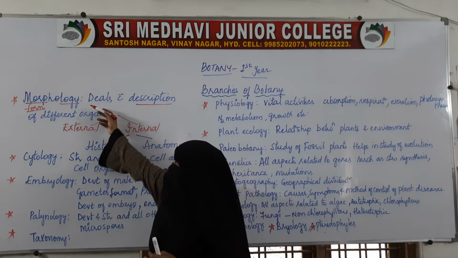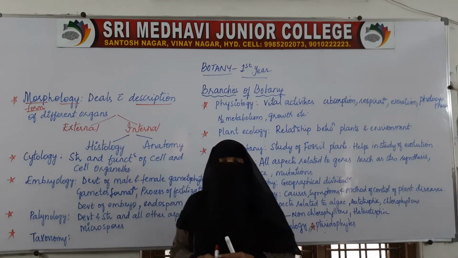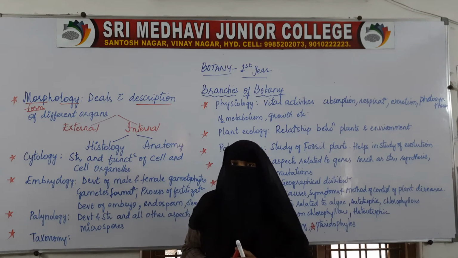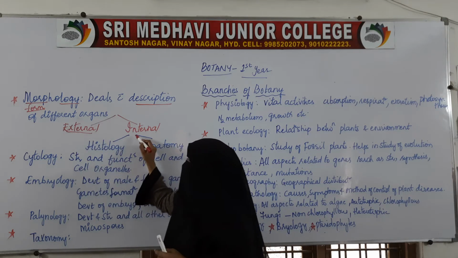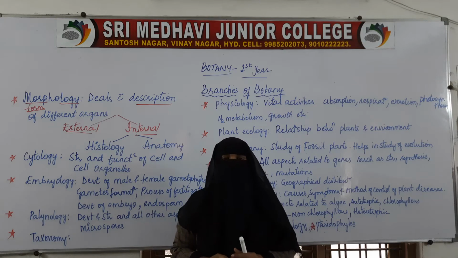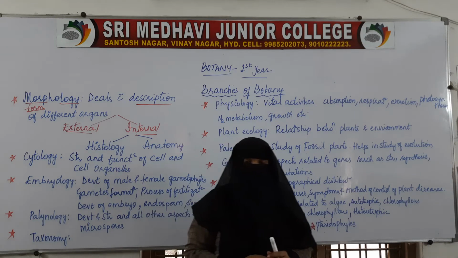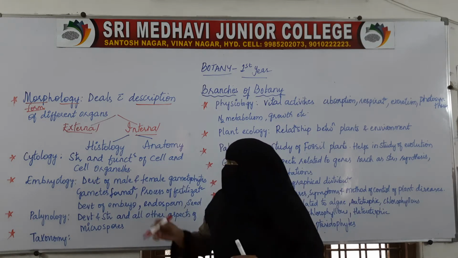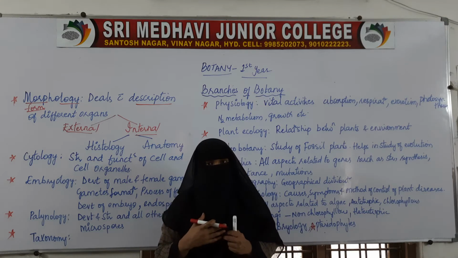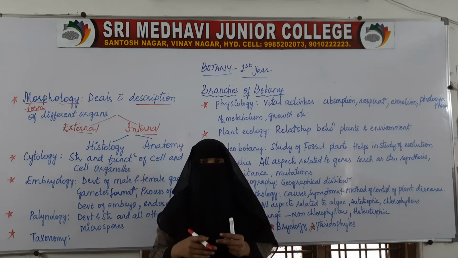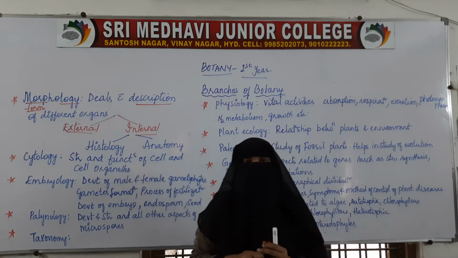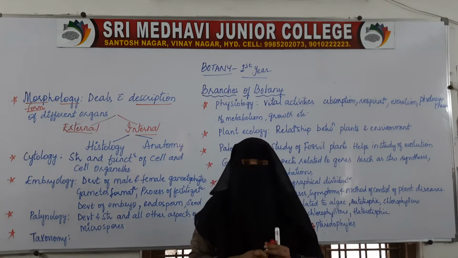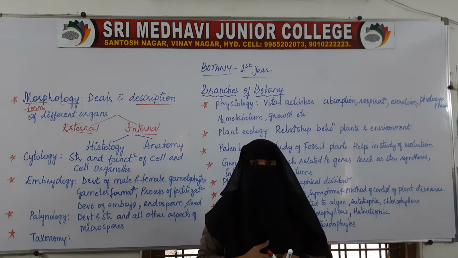This morphology is broadly classified into two groups. The first is external morphology and the second is internal morphology. External morphology is the outer appearance, how the organism appears outwardly. That is the external description of the organism.